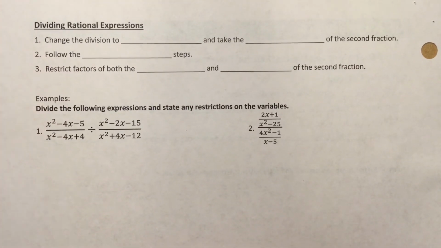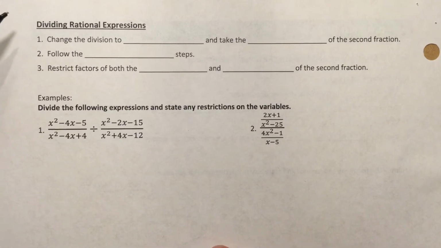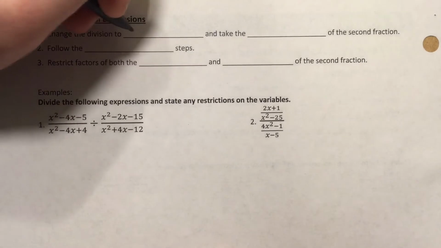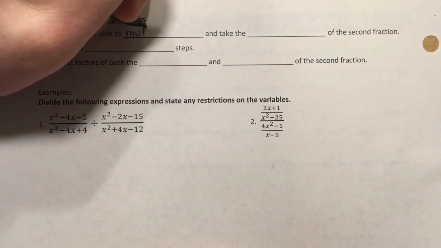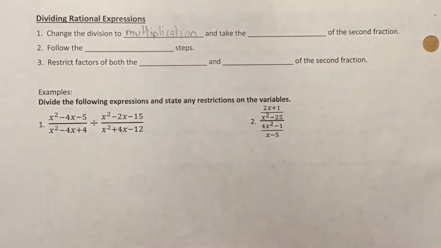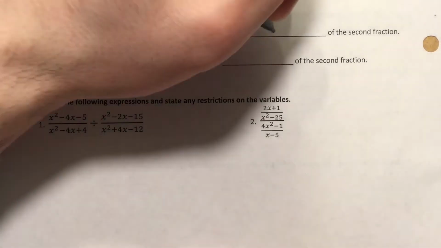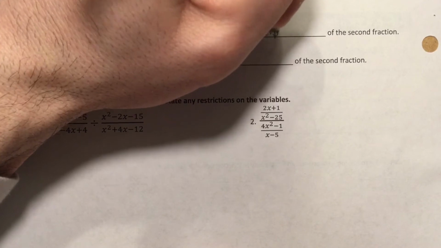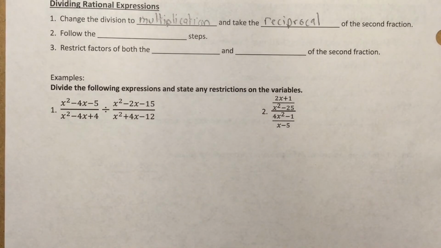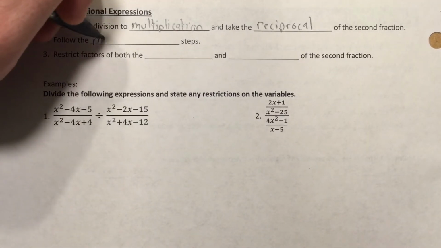For the back, now we're going to be dividing rational expressions. You're going to change the division to multiplication, just like we divided fractions before. And you take the reciprocal of the second fraction. You're then going to follow the multiplication steps.